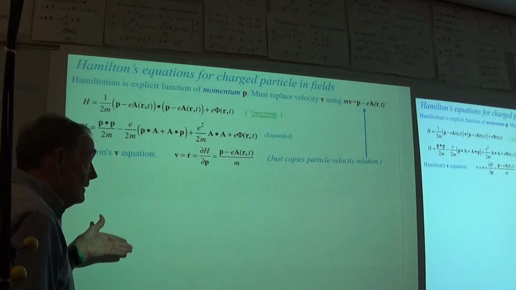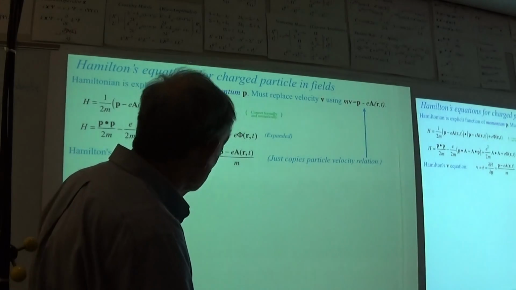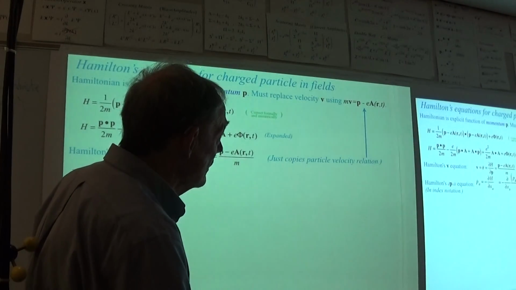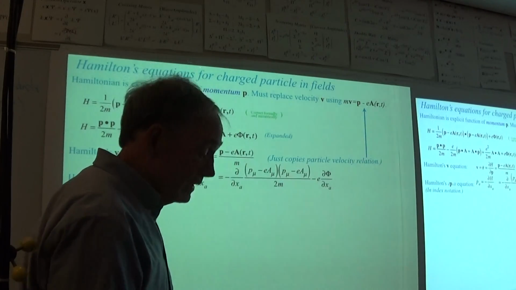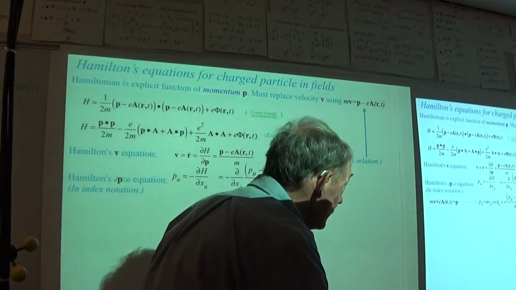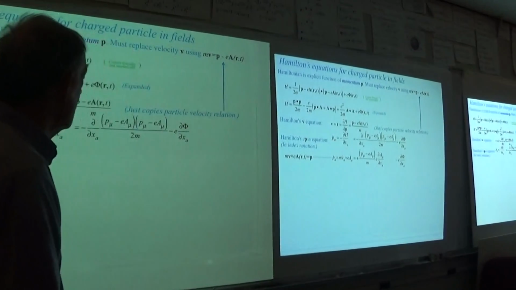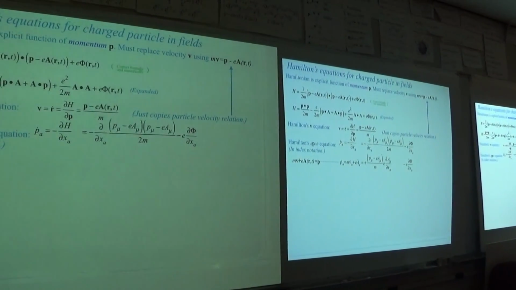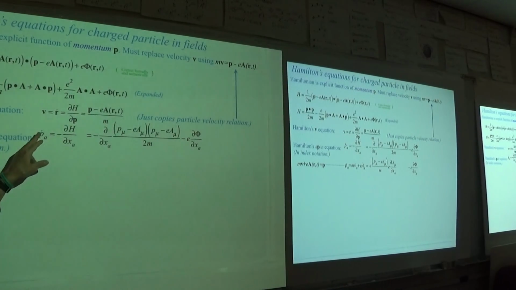But now we better get Maxwell's equations. We've got some more Hamilton equations to deal with. This thing that we've just written down in index notation is the Hamilton's dp/dt equation. So now this is P dot.